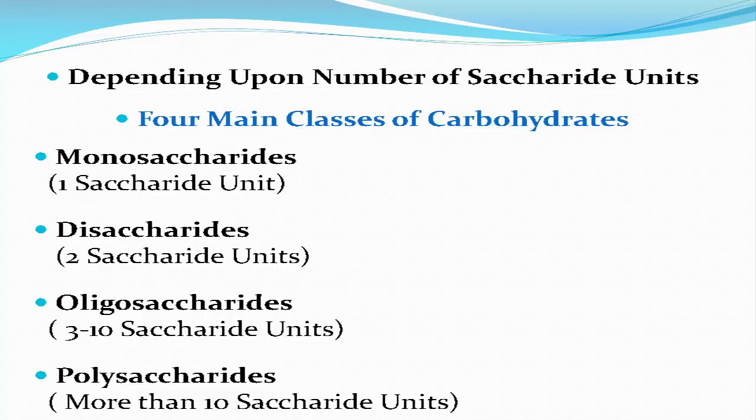So how can it be classified? It can be monosaccharide when only one such unit is there, disaccharide when two such units are condensed, oligosaccharide, oligo means some, so when 3 to 10 units, up to 10, we will call it oligosaccharide, and if it is more than 10 then we will call it polysaccharide. Poly means many.